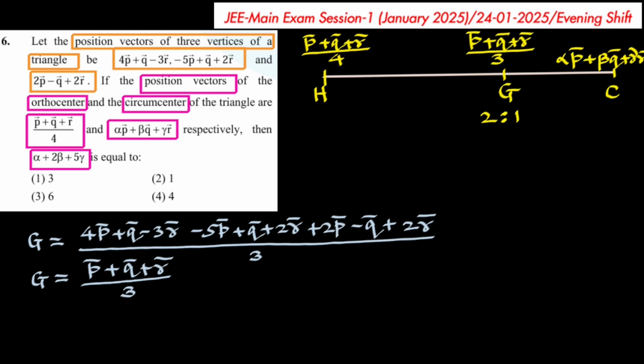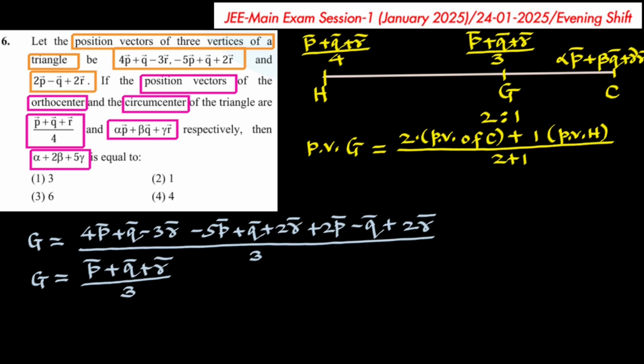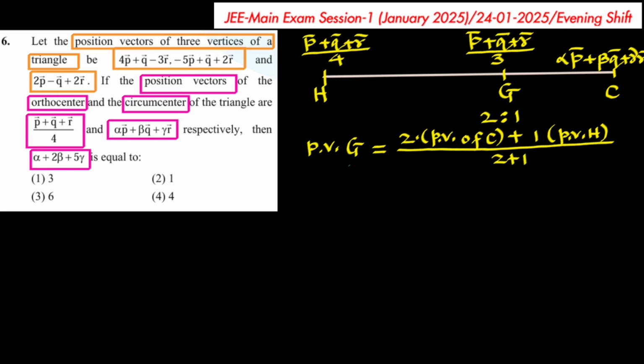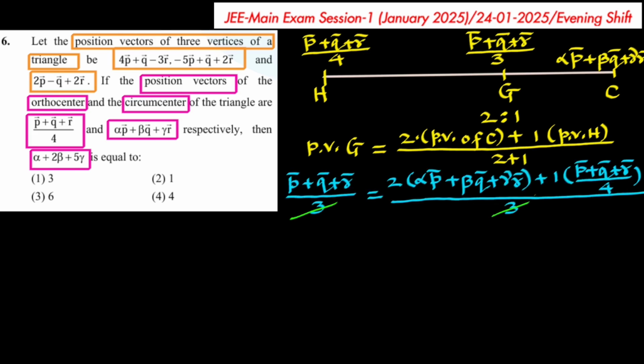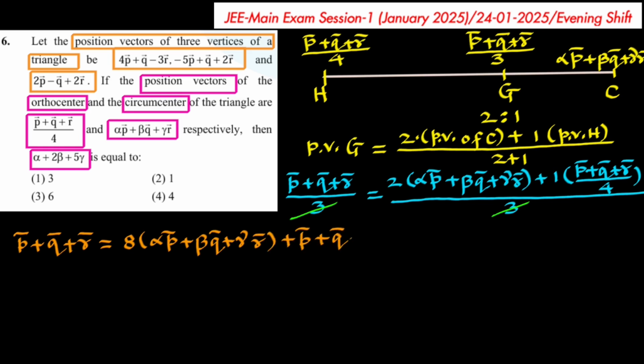So by the section formula for internal division, we have position vector of G equals (2 times position vector of C plus 1 times position vector of H) upon (2 plus 1). Let's write this, putting the values. Cancelling these 3, we write 8 into (alpha p bar plus beta q bar plus gamma r bar) plus (p bar plus q bar plus r bar) upon 4.